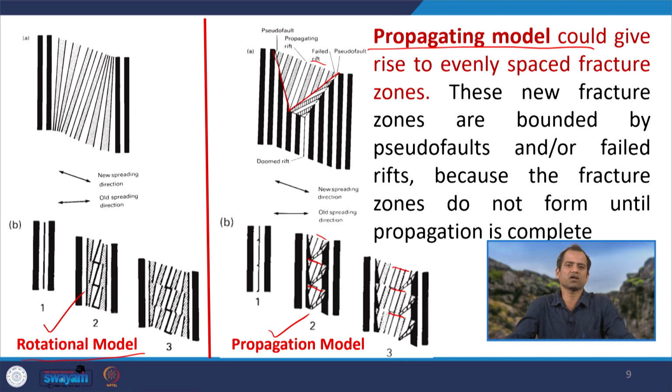And these new fracture zones are bounded by shadow faults and or failed rifts because these fracture zones do not form until the propagation is complete. So, that is why the propagation model could satisfy how these fracture zones are arranged across the mid-oceanic ridge.